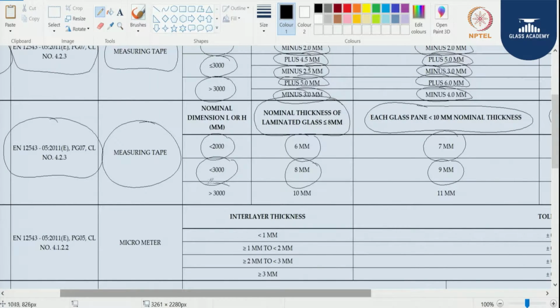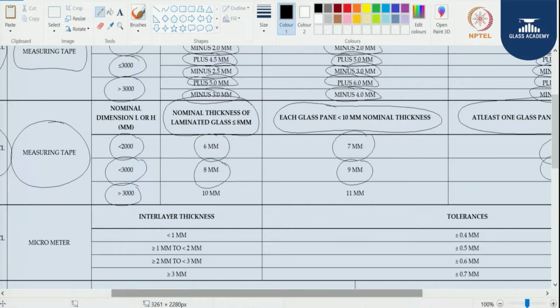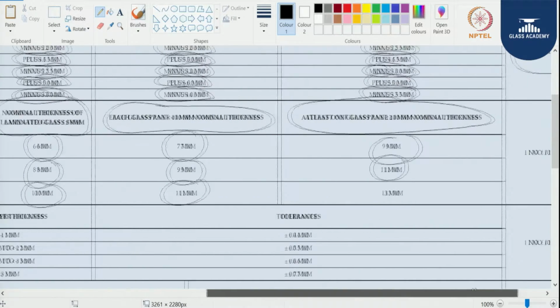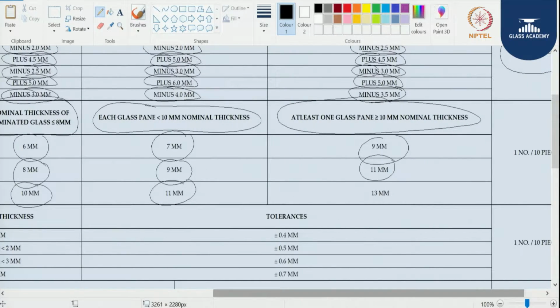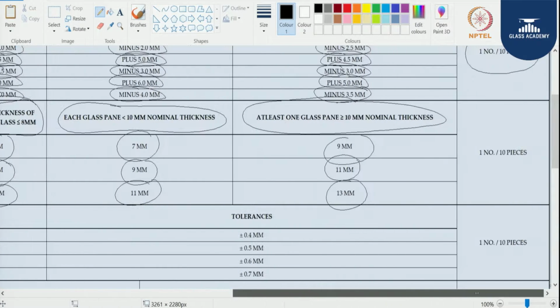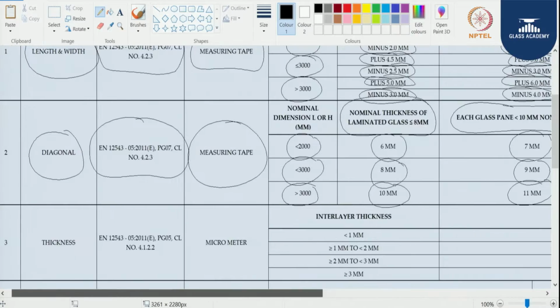If my diagonal measurement is more than 3000 mm, for the nominal thickness of the laminated glass less than or equal to 8 mm, 10 mm is allowed. For each glass pane less than 10 mm nominal thickness, 11 mm is allowed, and for at least one glass pane more than 10 mm nominal thickness, 13 mm is allowed, and the frequency of testing shall be one number in every 10 numbers.